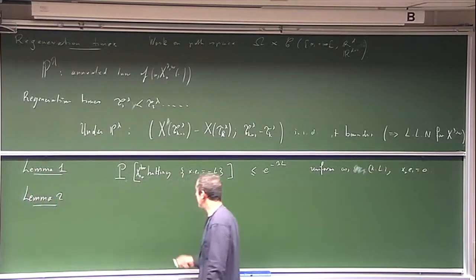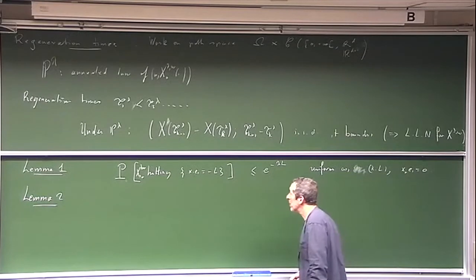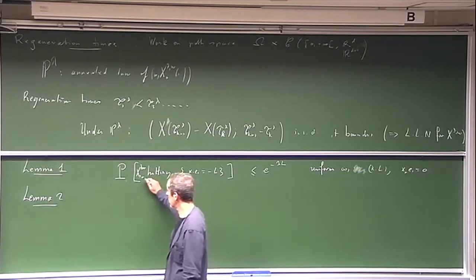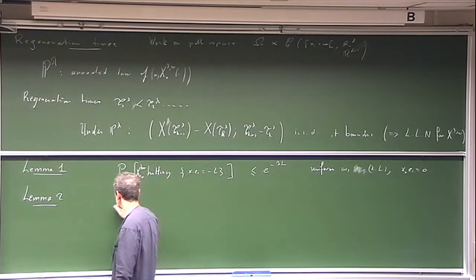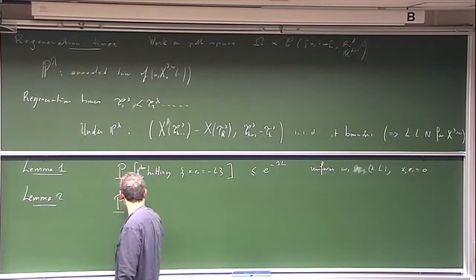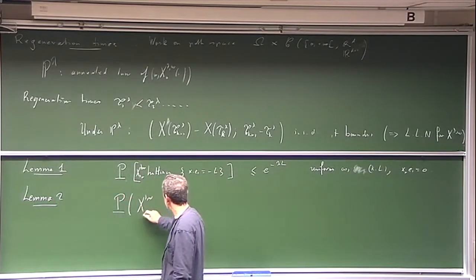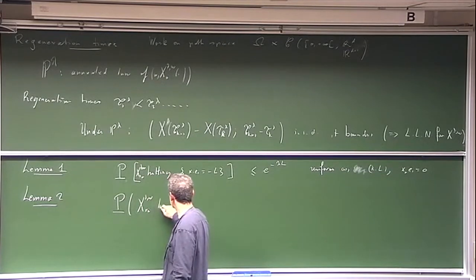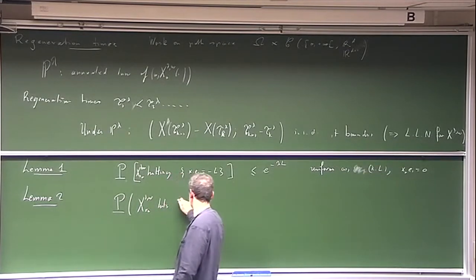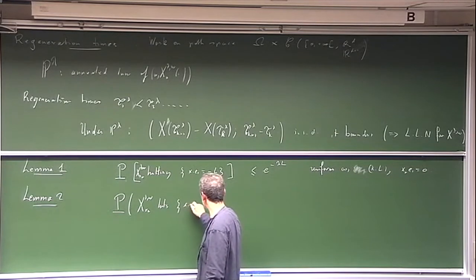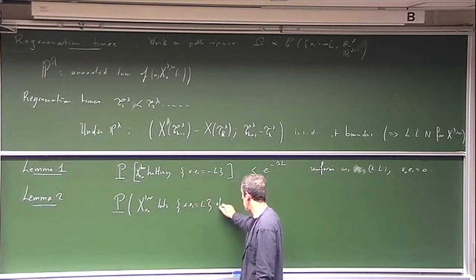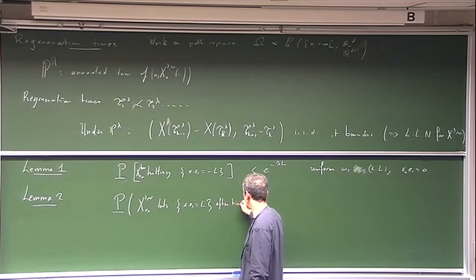I'm not going to be better with the second statement of the lemma. The first gives something about the harmonic measure, but then we need something about time. So we look at the probability that X lambda, omega, x zero hits the hyperplane in the other direction, so x dot E1 equals L, after time t.